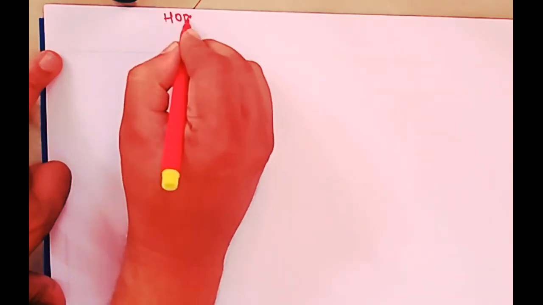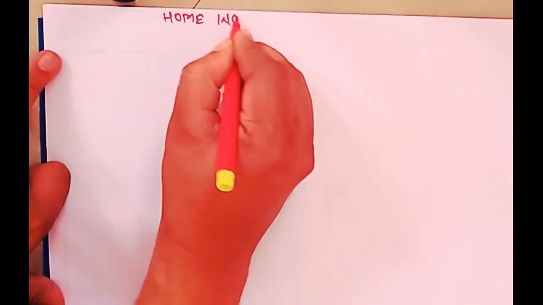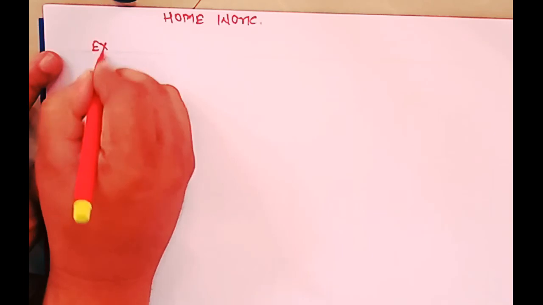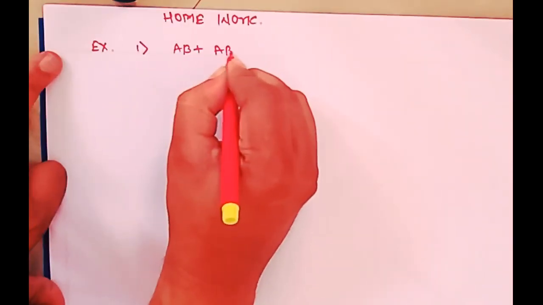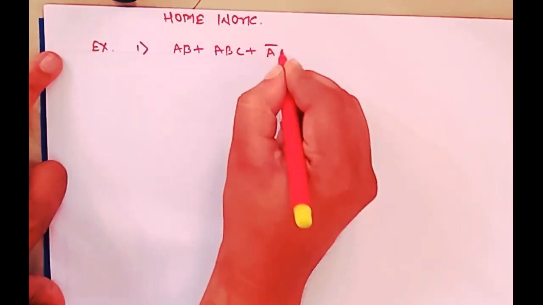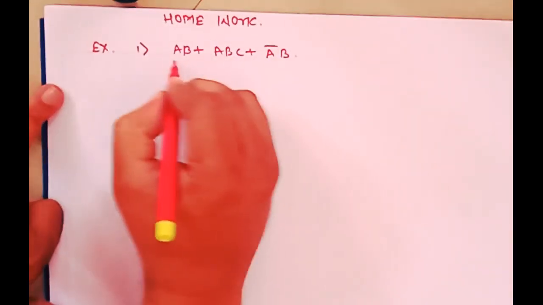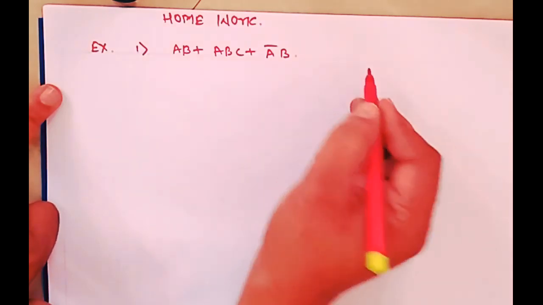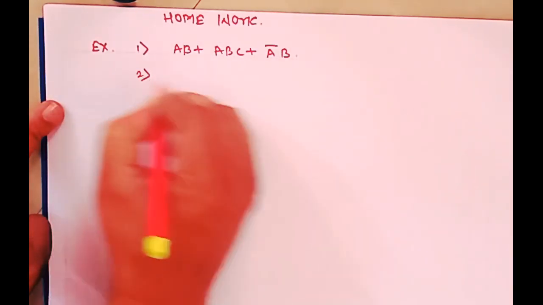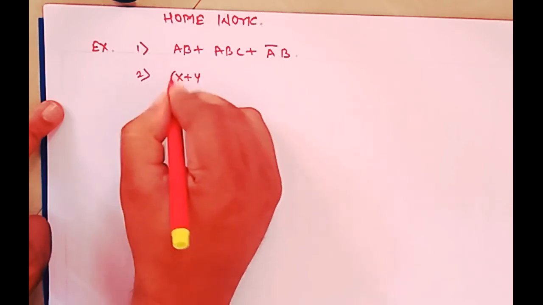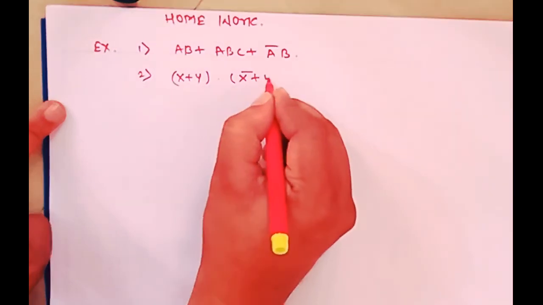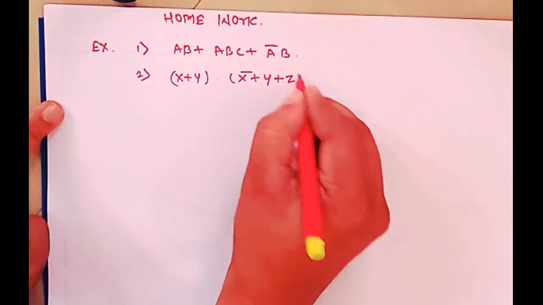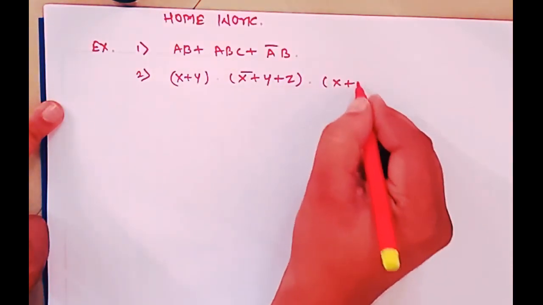The first example is AB plus ABC plus A bar B. You need to convert this equation into the standard form. The second is (x plus y) into (x bar plus y plus z) into (x plus y bar).